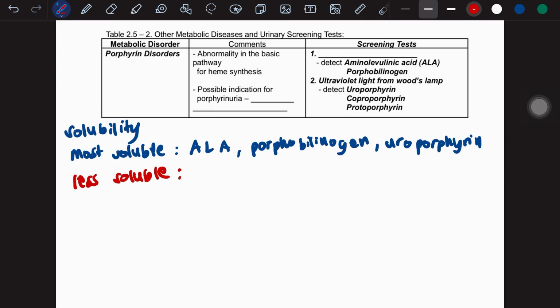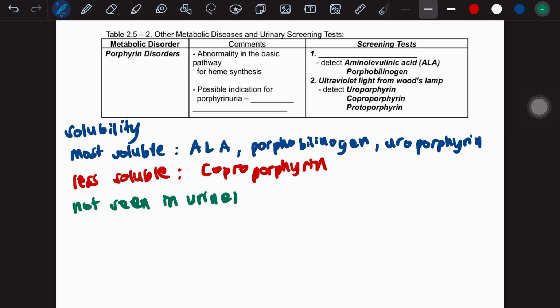Less soluble but still seen in urine, that is our coproporphyrin. And what is not seen in urine? That is your protoporphyrin. So please take note of this one. Most soluble and seen in urine, less soluble but still seen in urine, and not seen in our urine.